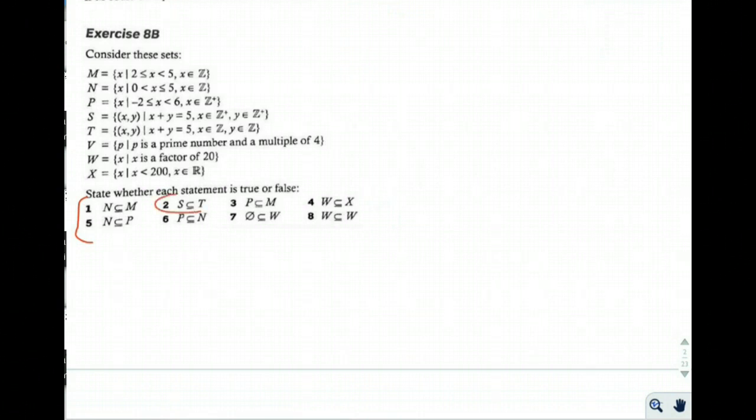For example, let's try this one. S is a subset of T. Okay, so what's S? S is the coordinates where the x and the y coordinates add to 5, and x and y are positive integers.